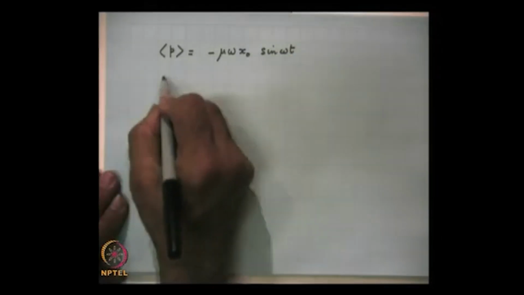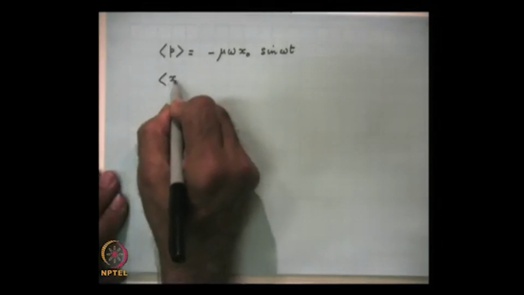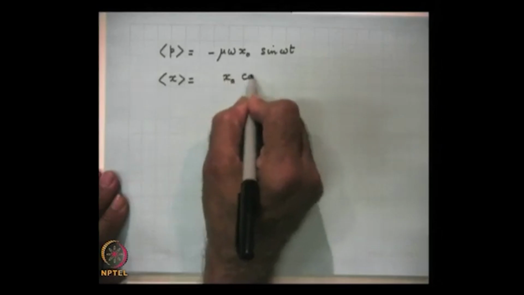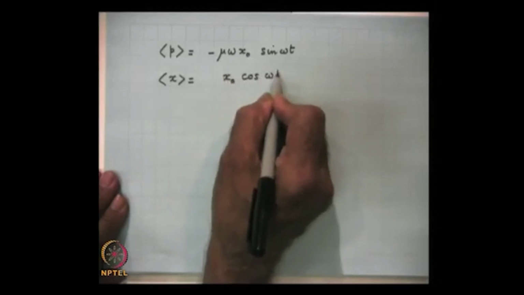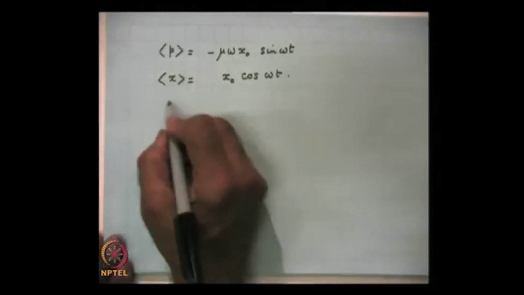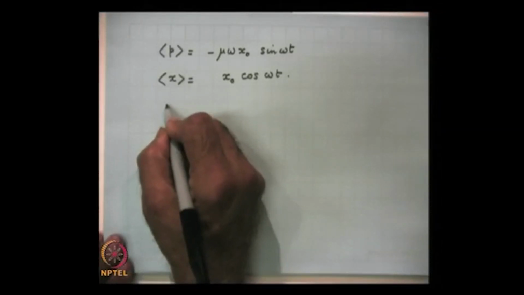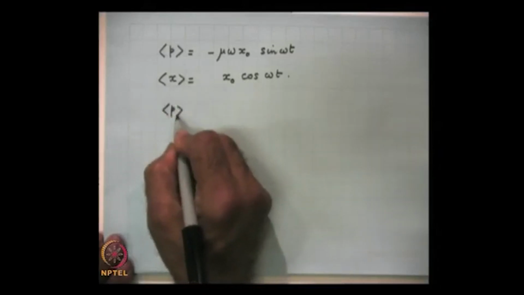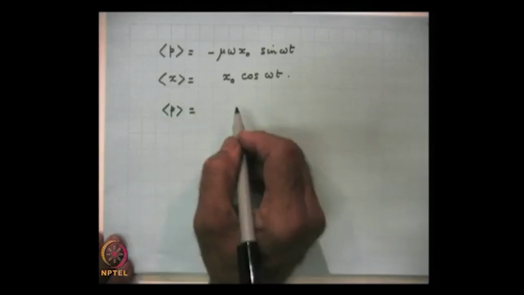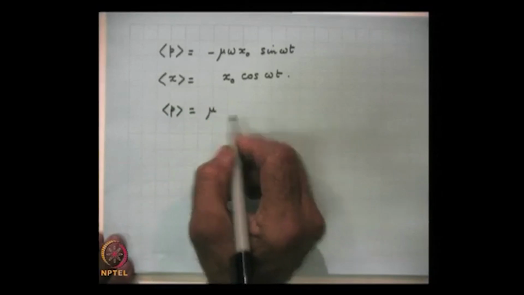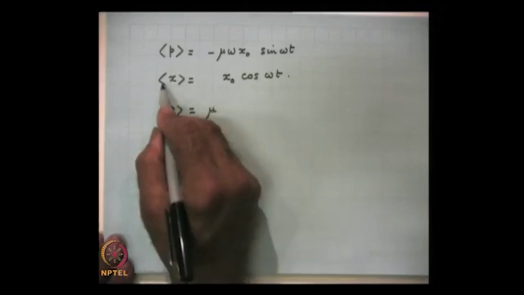You recall that the expectation value of x came out to be x naught cos omega t, and we know that in classical mechanics the momentum is mu times the velocity, d by dt of x.